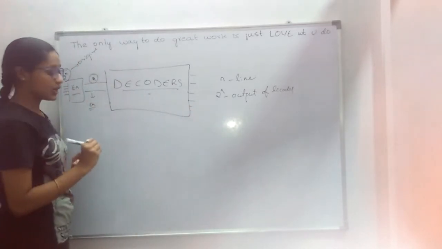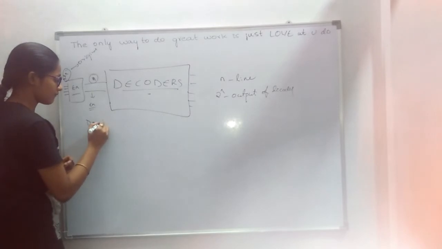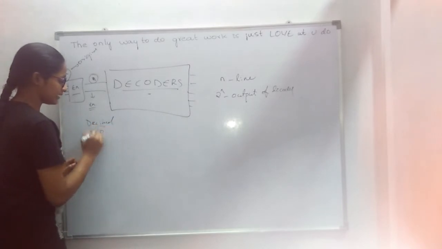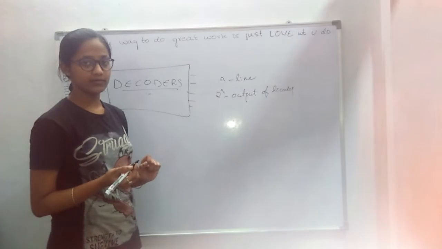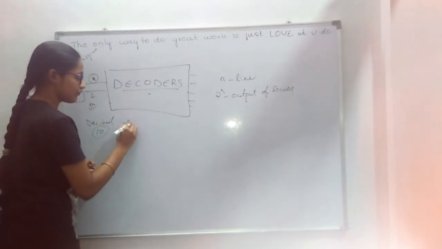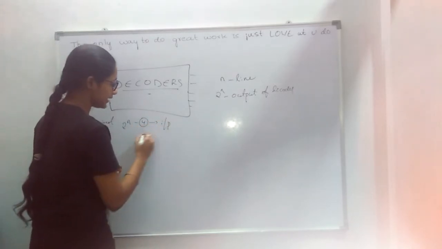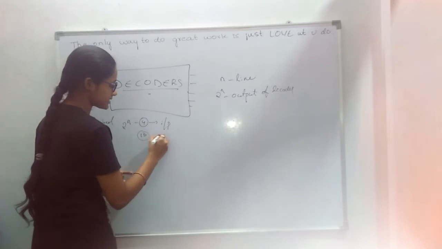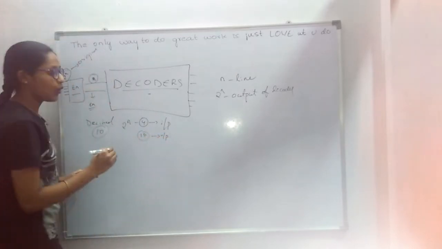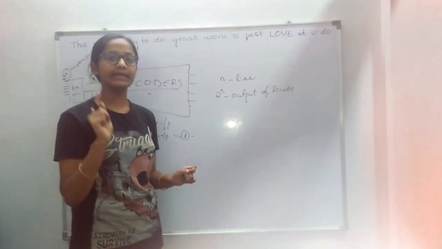But for example, for decimal, you will have 10. Then how would you take the inputs? It depends upon 2 power n, where you take 4 digits at the inputs and you will get 10 output signals, where only one of the outputs is high at a time.